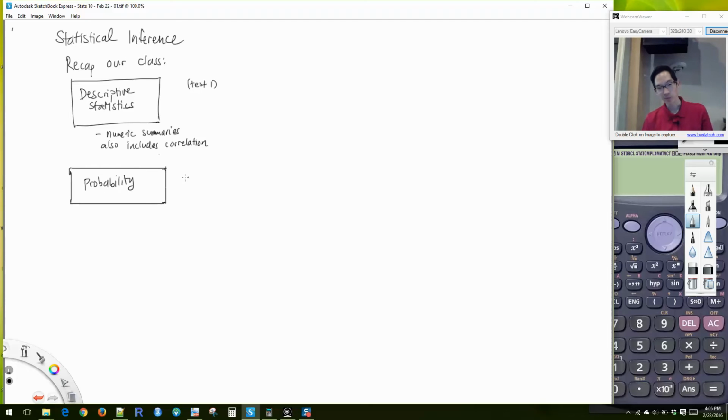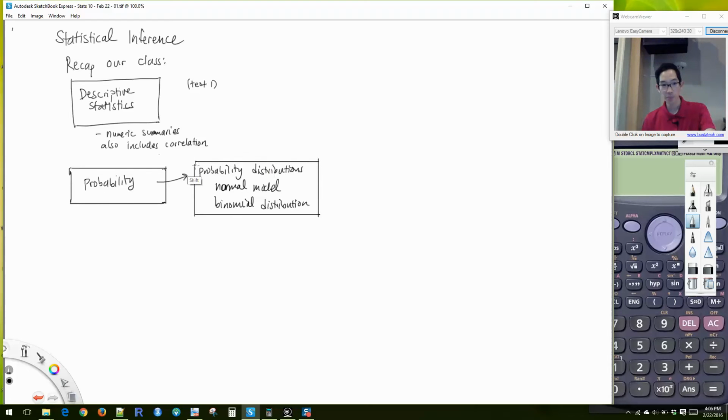But trying to derive the normal distribution is outside the scope of this course. Probability led us to probability distributions, which includes the normal model and also the binomial distribution. So we covered that.